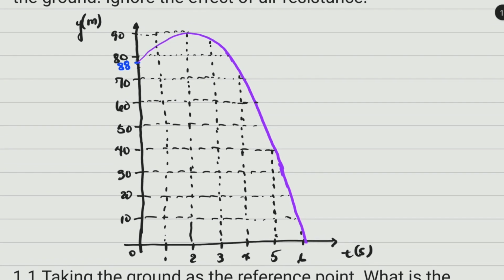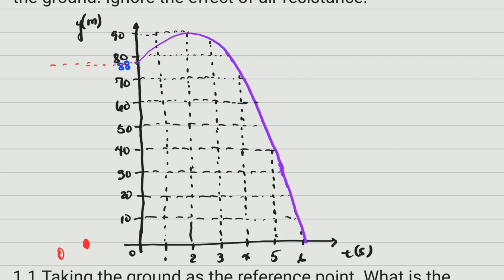So what is the position of the stone here? Remember, if we take the ground as a reference point, that means the ground will be the x-axis, so this will be the 0 position. Position is a vector quantity going from the reference point to wherever the object is. In this case, the object was released at 88 meters.